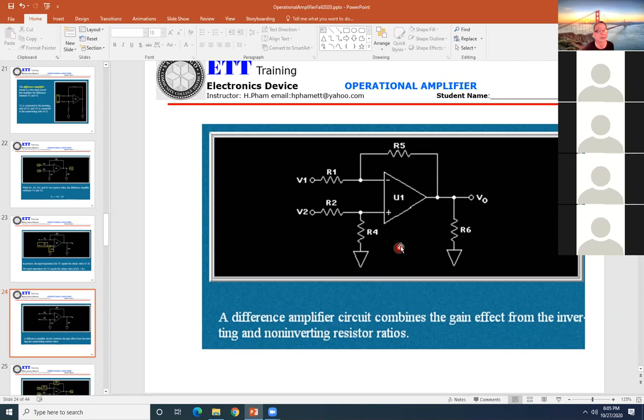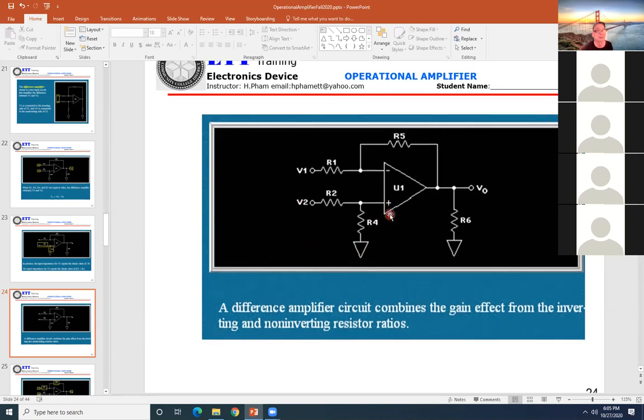So if you're looking in here, my question is, if I ground the positive input, grounded here, what is the name of the amplifier? Inverting. Inverting amplifier.